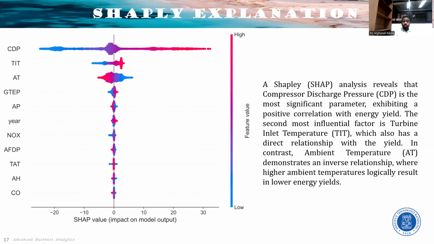Here is the Shapley analysis. It shows that the first, second, and third features that impact the model most are ambient temperature, turbine inlet temperature, and the compressor discharge pressure. So we could not leave those out.